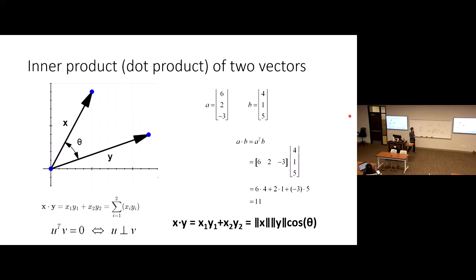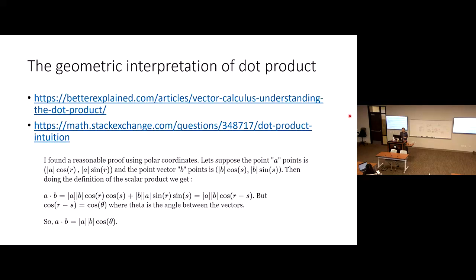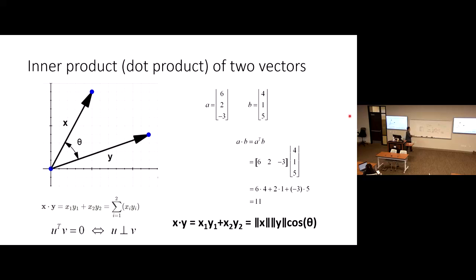Okay. Let's talk about the multiplication of two vectors. I think I will jump, because I want to do matrix to matrix multiplication first. Then we come back to vector times vector.